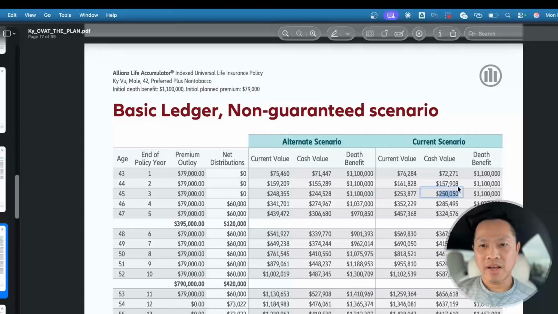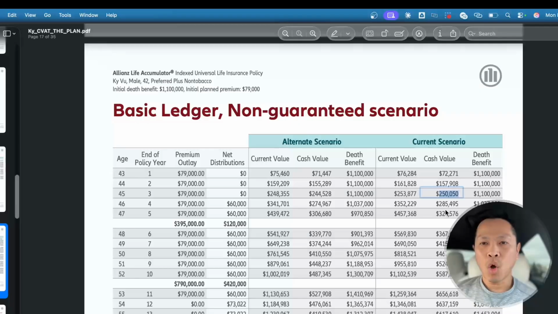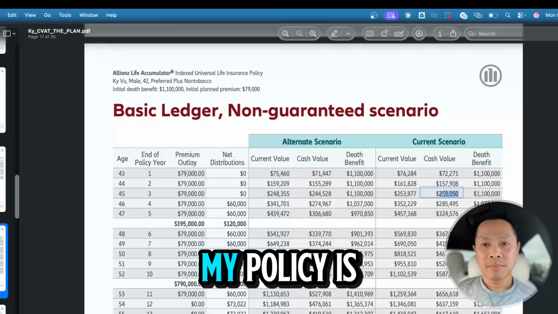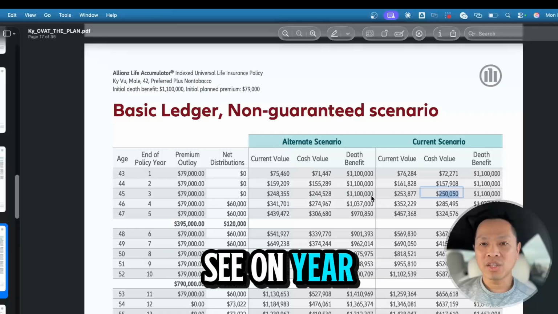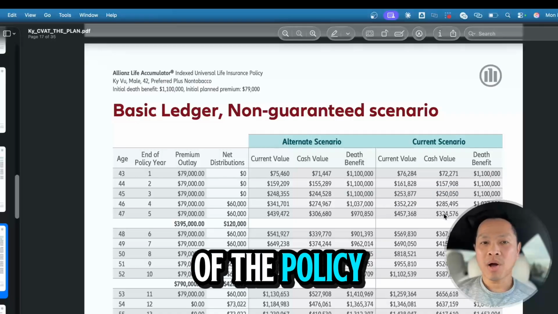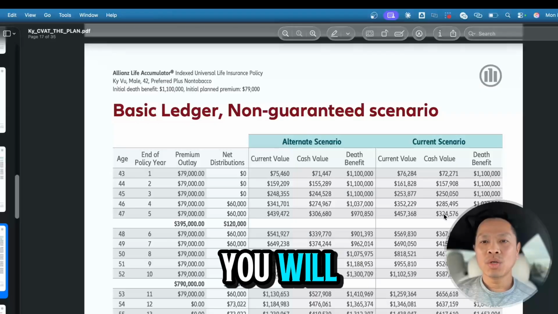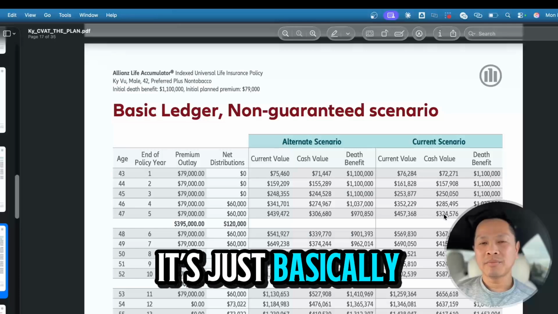From there on, that's when the policy is actually working really hard for me, overcoming that initial stage. My policy is very specially designed because you can see on year 3 I am positive already. If you look at most policies, you will break even at around year 5 to year 7. It's just based on the design.